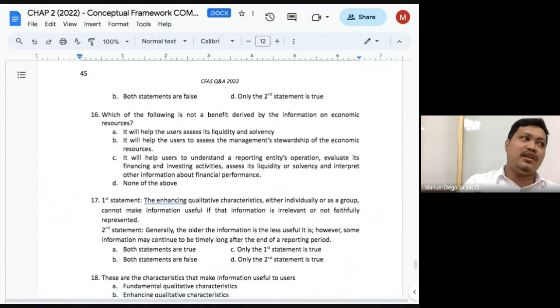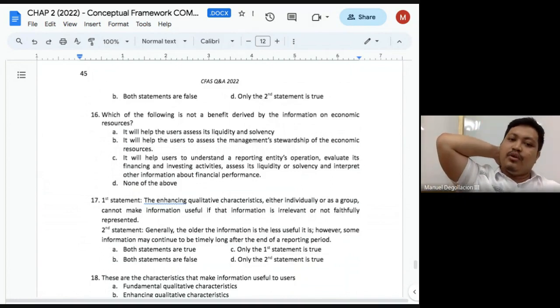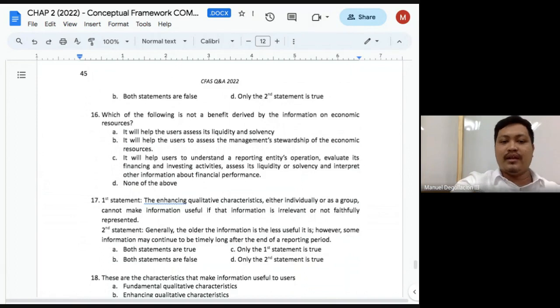And you will also need your income and your expenses to know whether your financing and investing activities are profitable. Although the economic resources can tell you about an entity's liquidity or solvency, again, if we're talking about financial performance, the focus is not on your economic resources, nor on the claims against the entity.